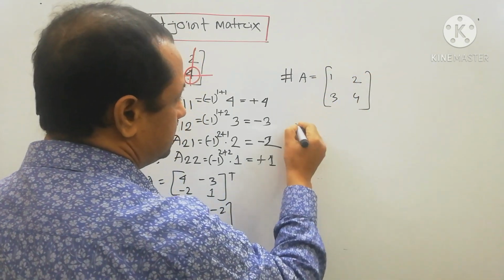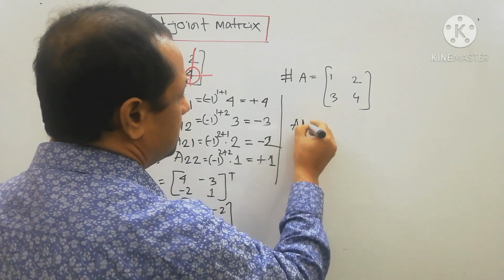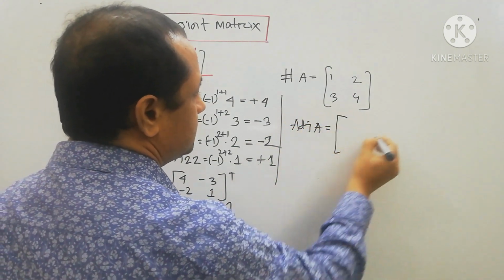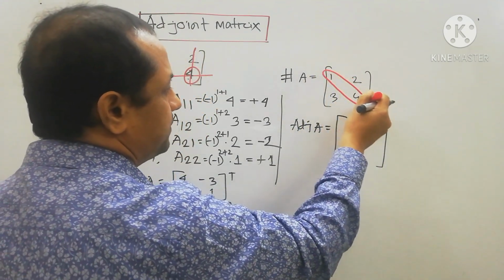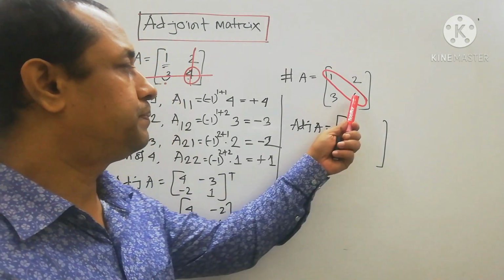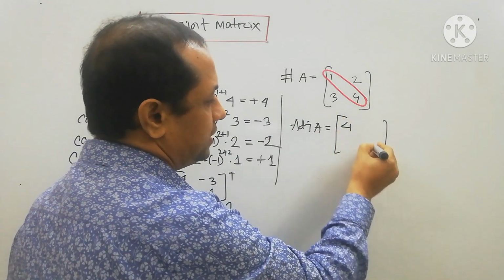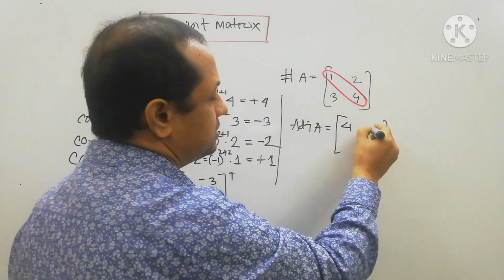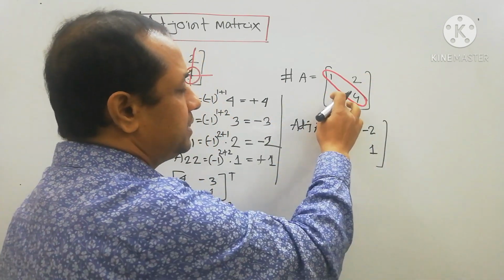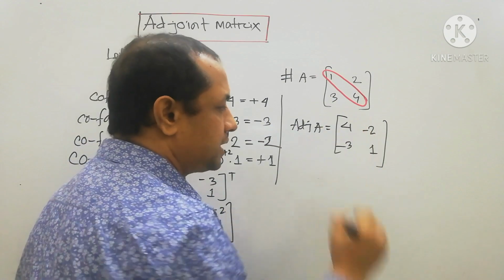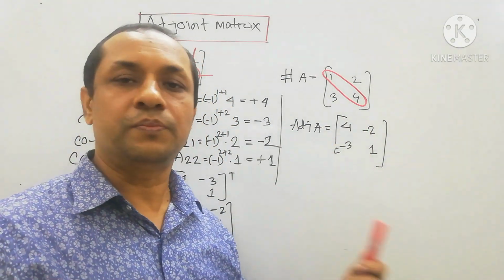Now the adjoint matrix for MCQ short trick: adjoint of matrix A. The entries of the principal diagonal are interchanged, so 4 here, 1, and the other entries 2 and 3. 2 is positive, so here it is negative, and 3 is positive, so on the opposite side it is negative. So student, in only 5 seconds it is completed.